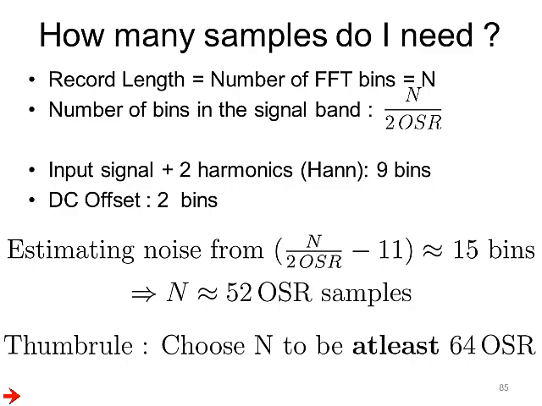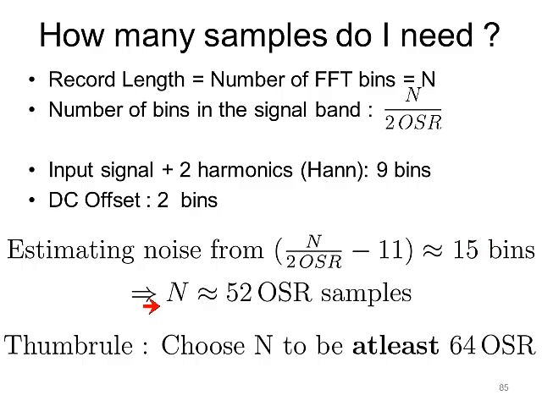The input signal plus 2 harmonics, assuming a Hann window, will occupy 3 bins each, so that's 9 bins. DC offset consumes 2 bins, so the number of bins we actually have to estimate noise is N by 2 OSR minus 11. And it's often good practice to have at least 15 bins to get a good estimate of the shaped quantization noise in the signal band.